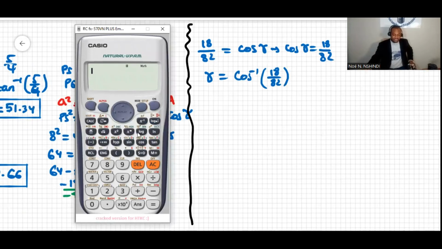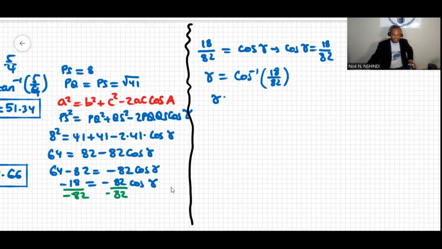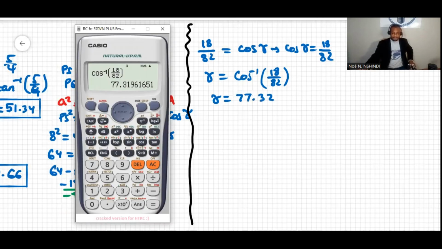This time we press shift, then the cos button, and then we write 18 over 82, close bracket, and this is equal to 77.32. So gamma equals 77.32.